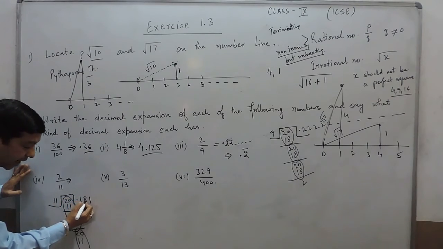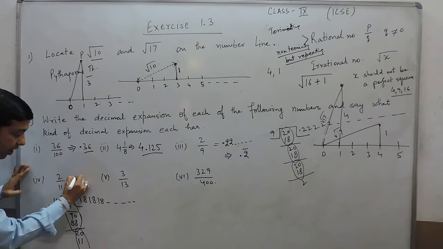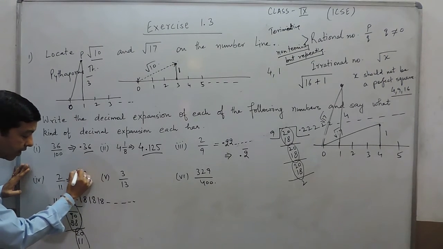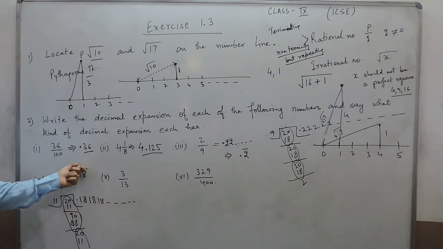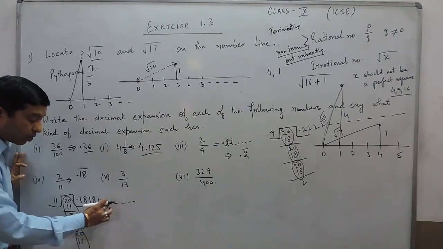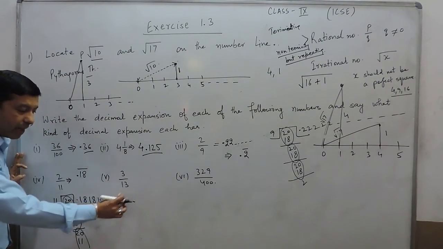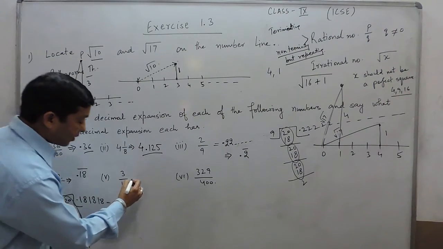So 0.18, 18, 18 and so on. This can further be written as 0.18 bar. Here I am putting a bar on 2 terms because both the values keep on repeating themselves. So 0.18, 18, 18, 18 will keep on going as the answer.